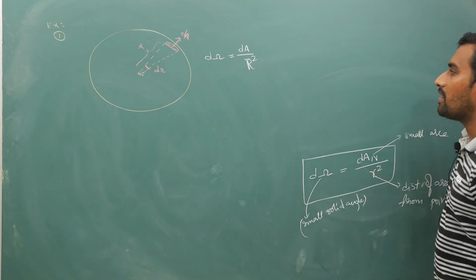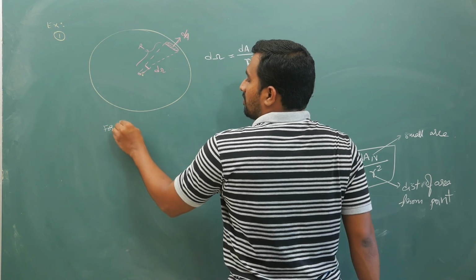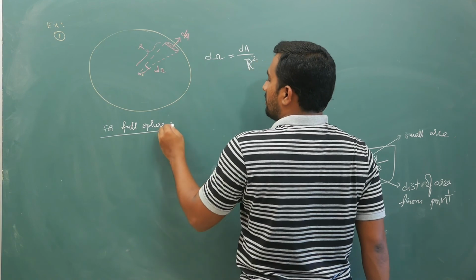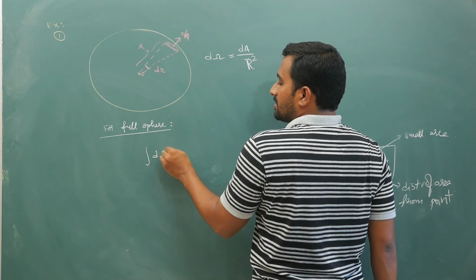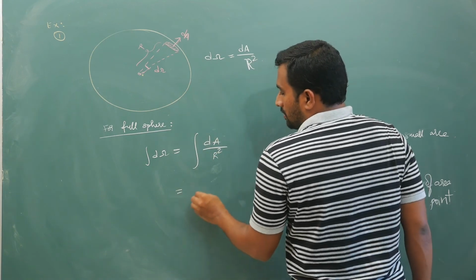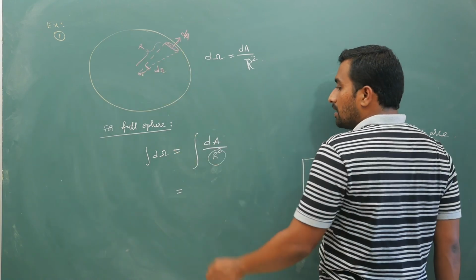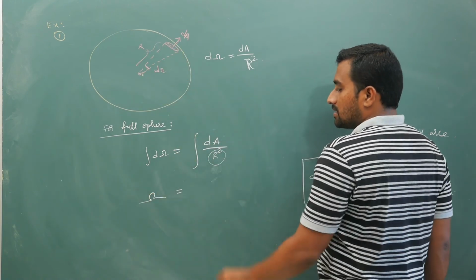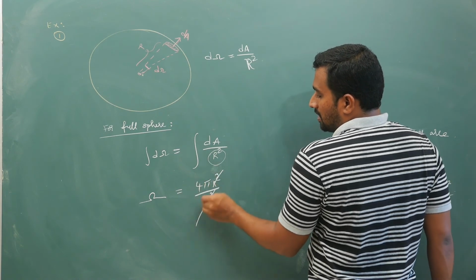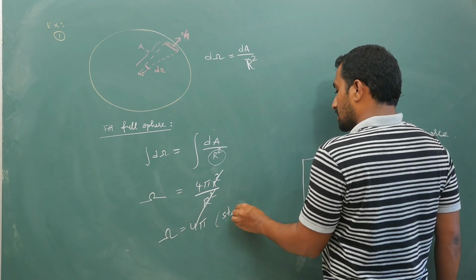Now for a full sphere, integral of d psi gives integral of dA by r square. Here r is constant for all these small patches on the surface of the sphere, so your solid angle is equal to the total area, 4 pi r square, by r square. The r squares cancel and you get 4 pi. So your unit is steradians.